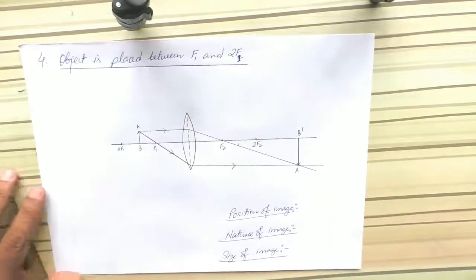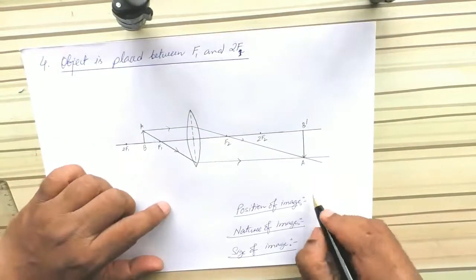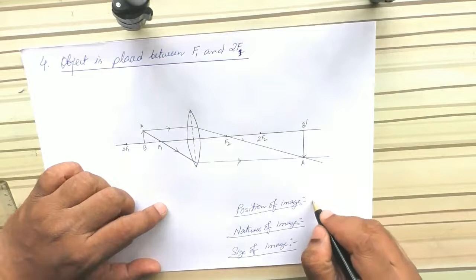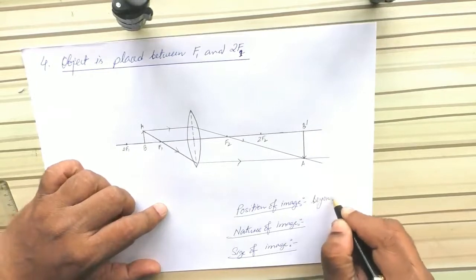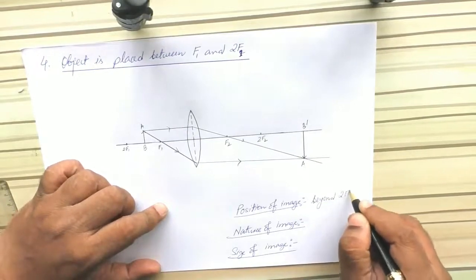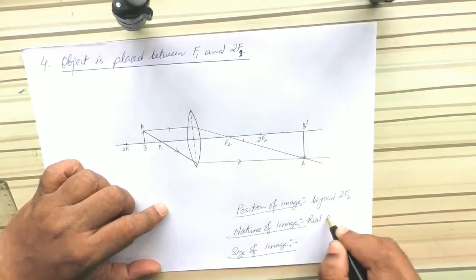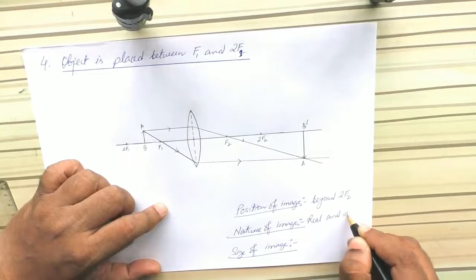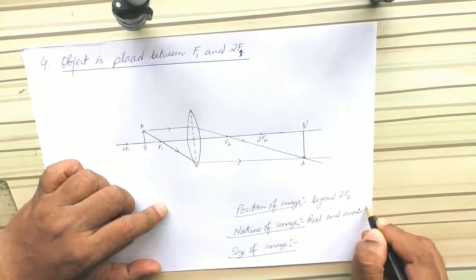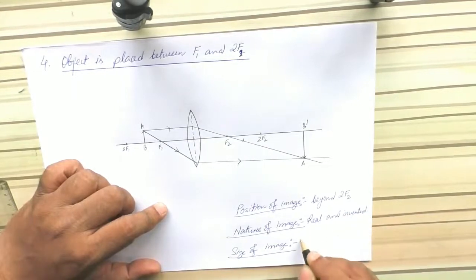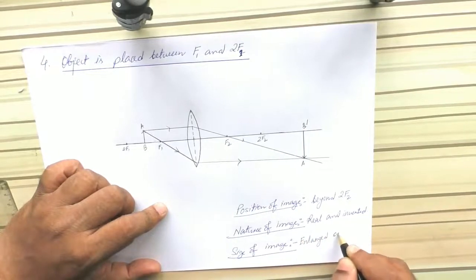Position of image here is beyond center of curvature, to f2. Nature of image is real and inverted, and size of image is enlarged or magnified.